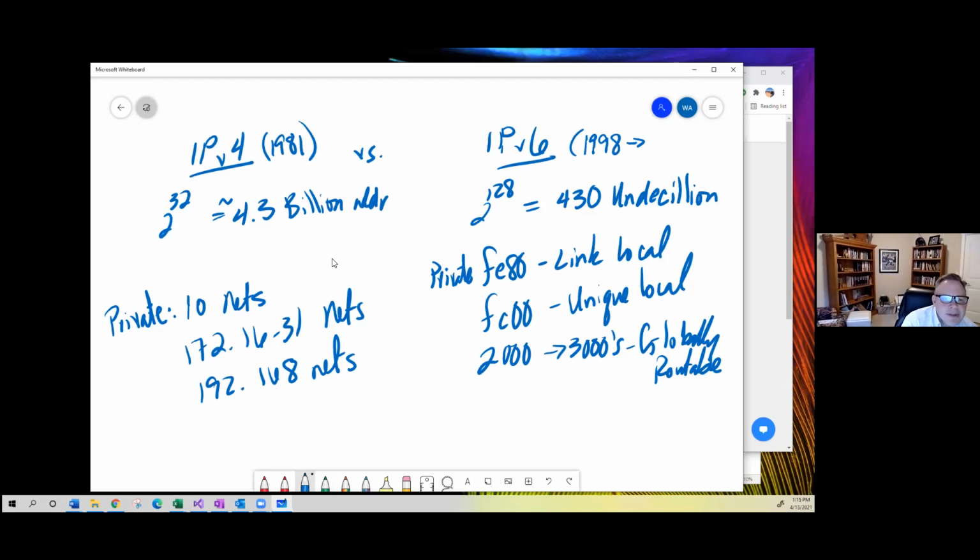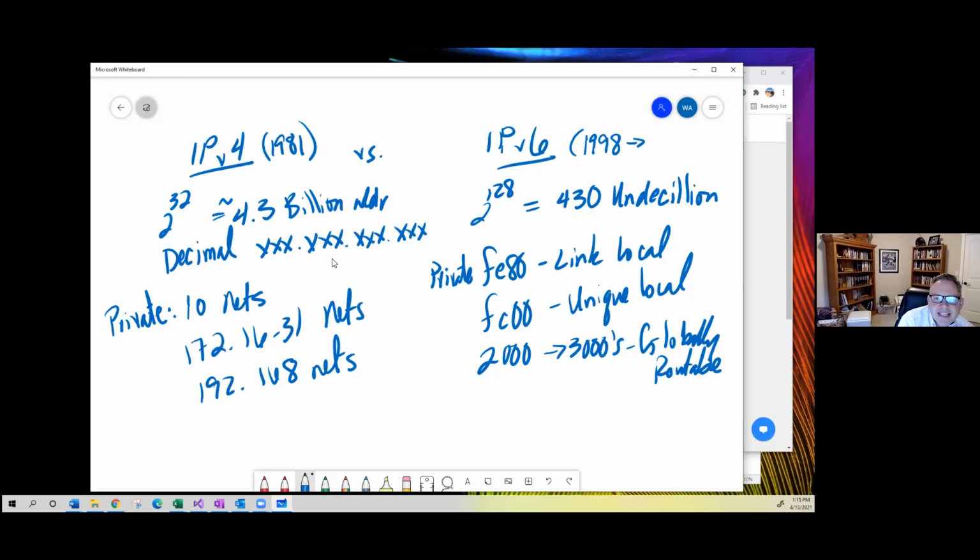Now, remember, this is a decimal number, with 3 digits with a period. That's the format for IP version 4.